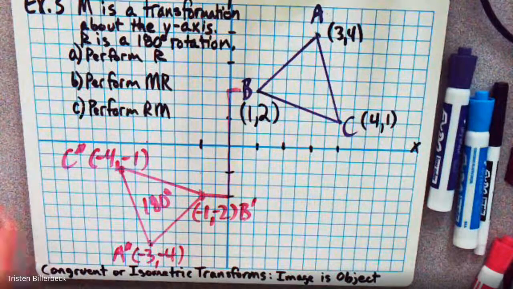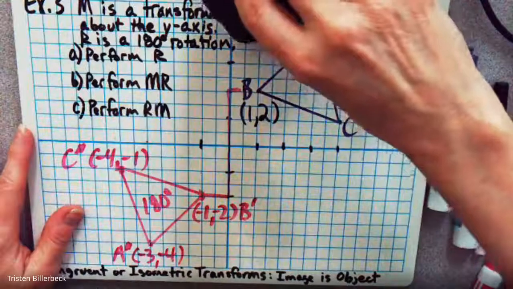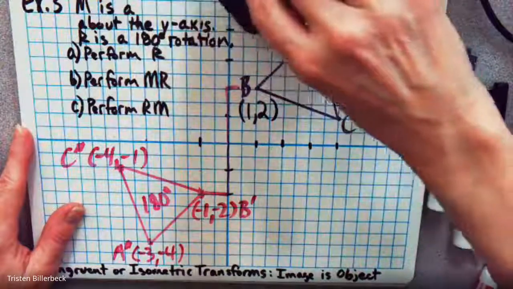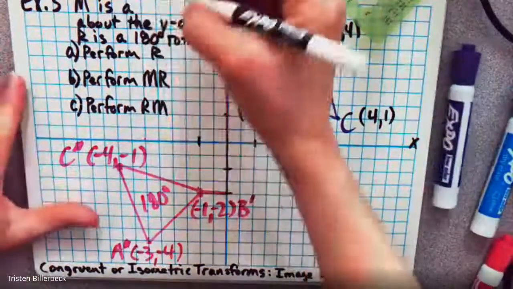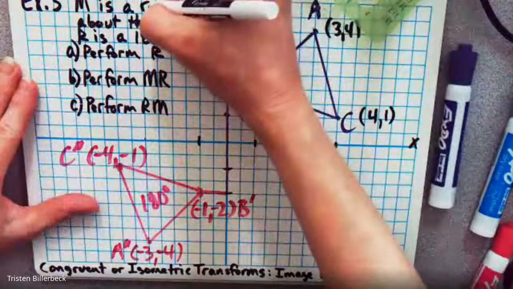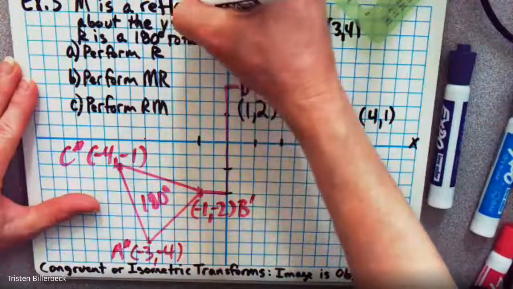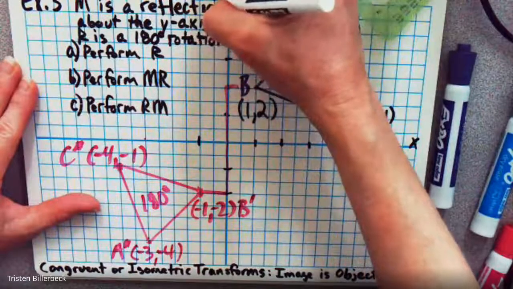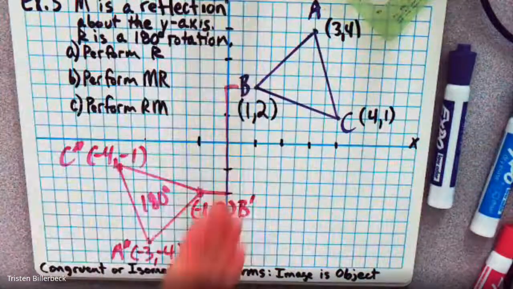Okay, so this word should have been: M is a reflection around the y-axis. Because they're all transformations, but we need a little bit more than that. So reflection about the y-axis. Okay, so we're here, and the y-axis is right here.